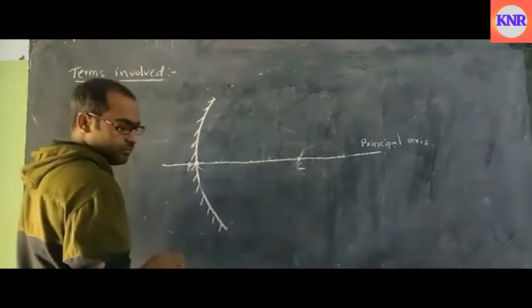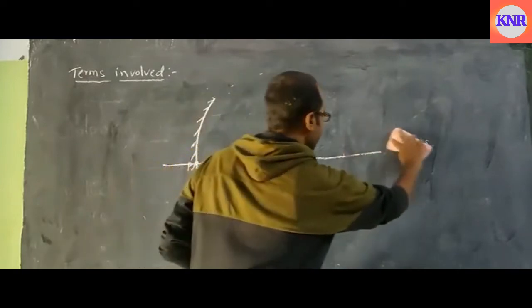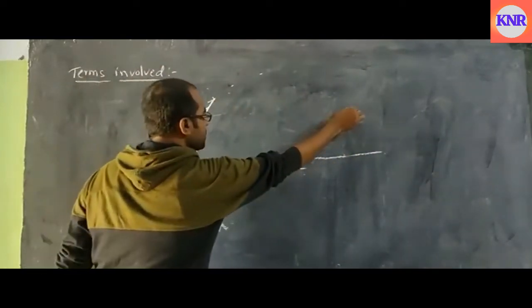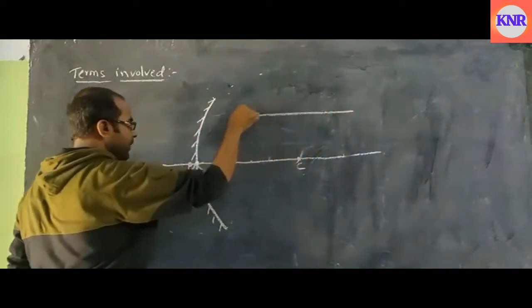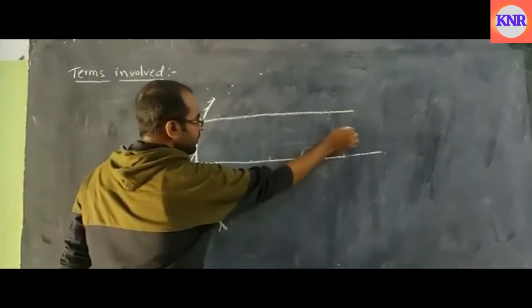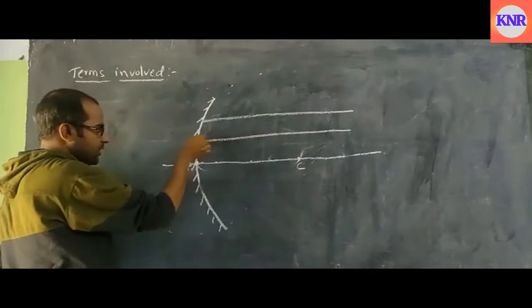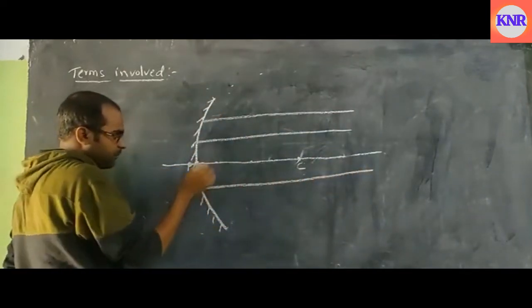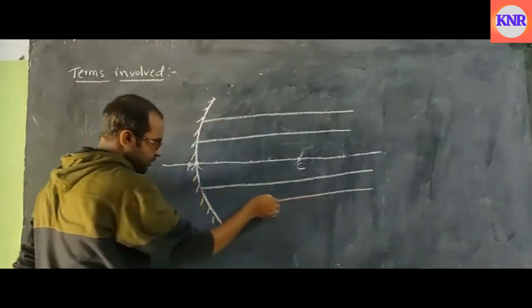Let us see that. Whenever parallel rays are falling on this mirror, whenever we are placing an object in front of this, we are talking about only parallel rays.